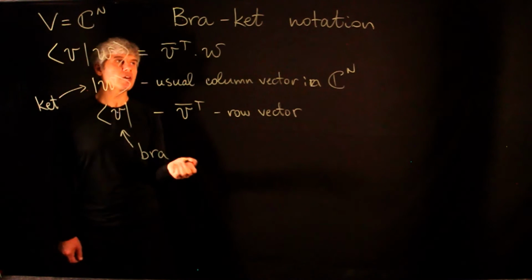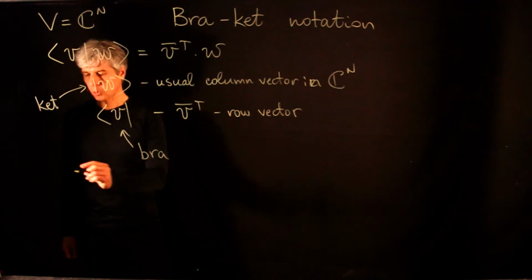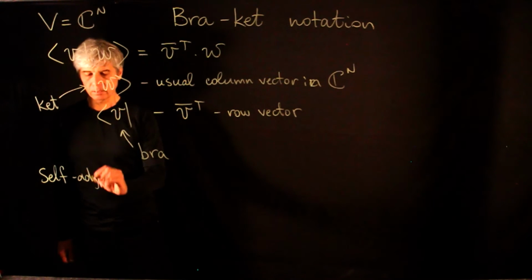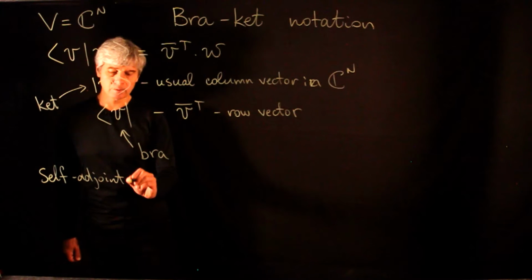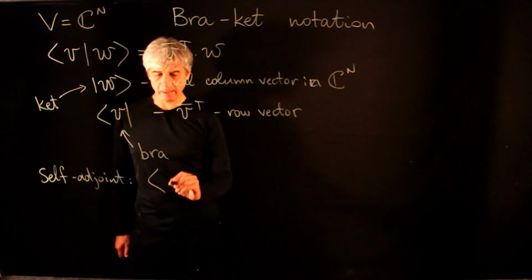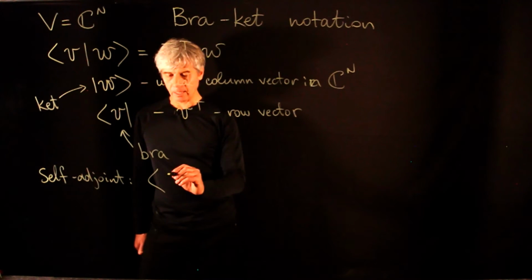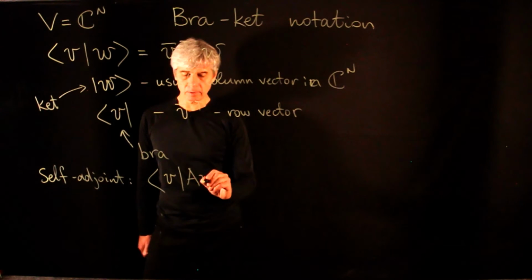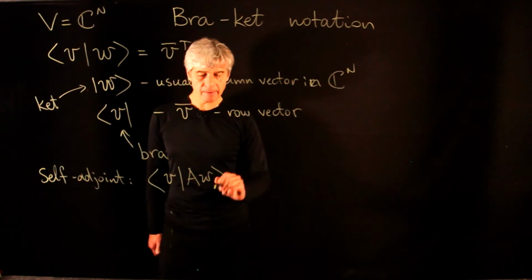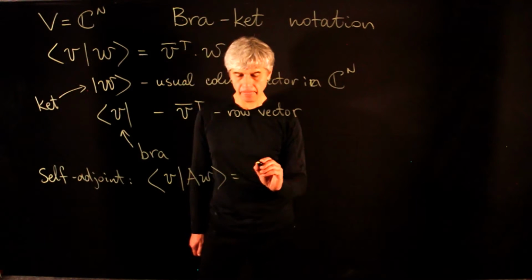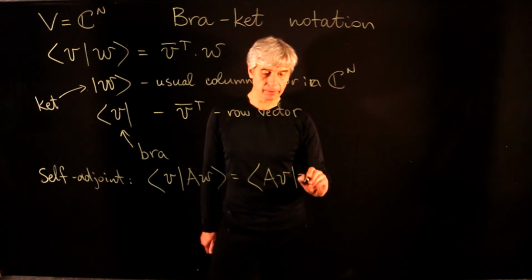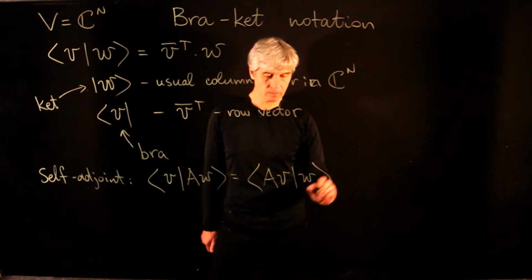And so for self-adjoint operators, we have the property that V with AW is the same as AV with W, right?